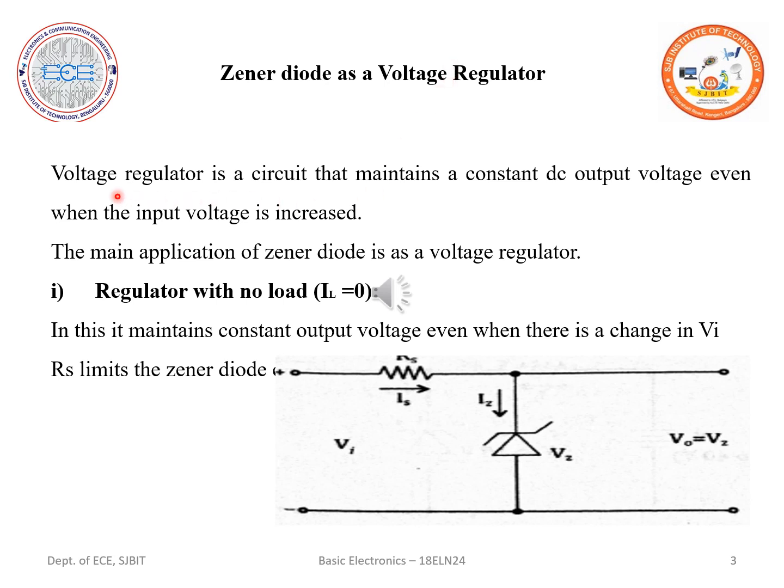Now, what is a voltage regulator? A voltage regulator is a circuit which maintains a constant DC output voltage even though we vary the input voltage. The best example I can give you is a stabilizer, where no matter what the input power supply to your stabilizer is, it provides you a standard output voltage.